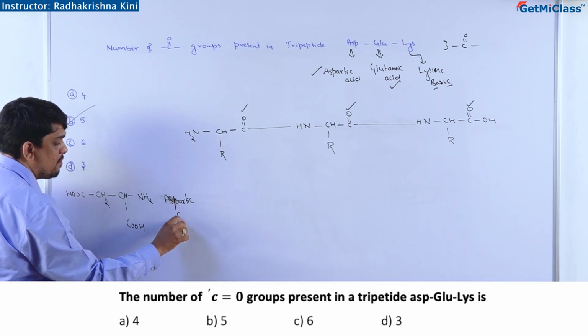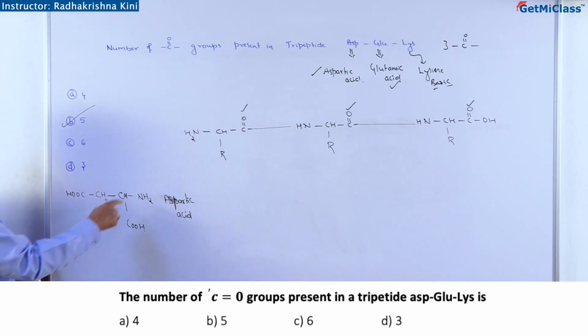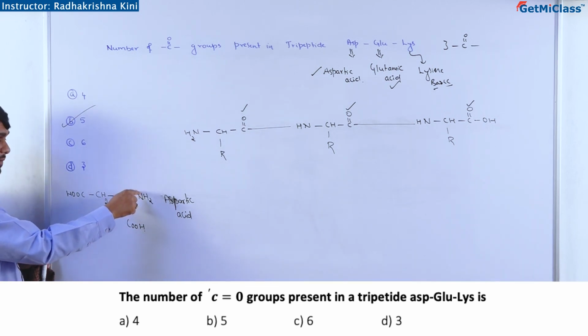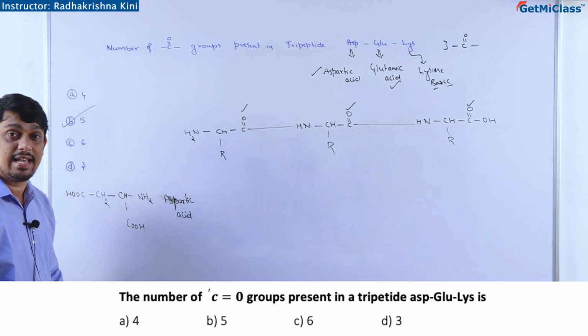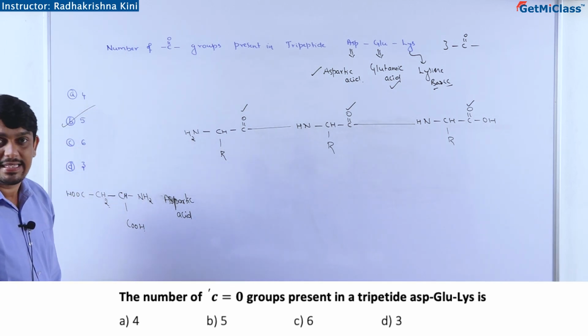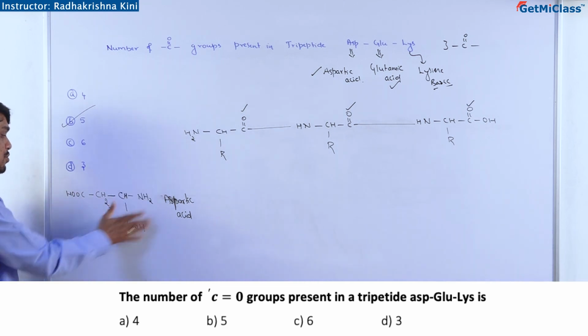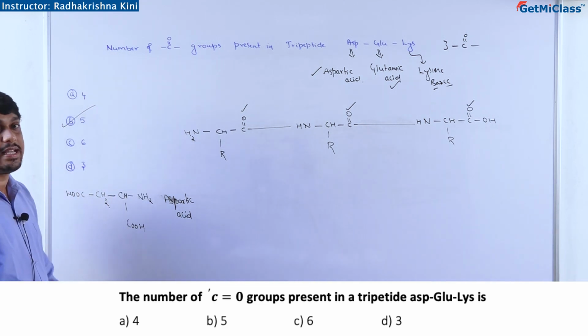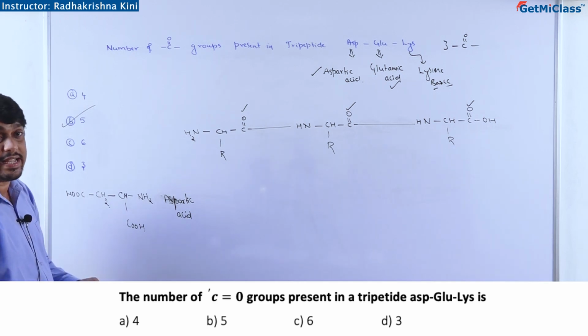Acid and base together become neutral; neutral and acid become an acidic alpha amino acid. Example is aspartic acid. I can see over there aspartic acid.